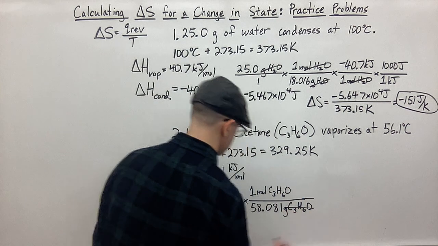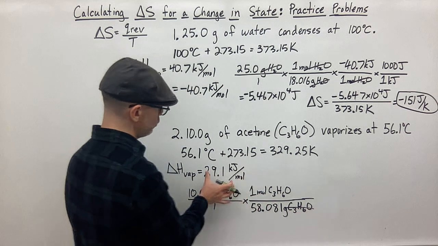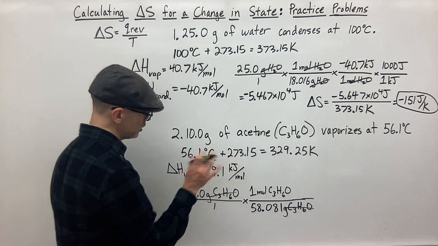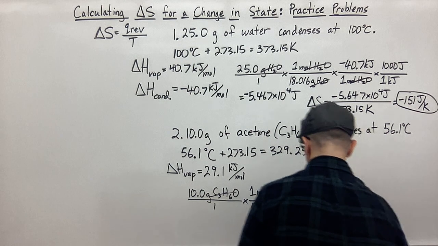So grams of the acetone cancel out. Now I have moles. Now I'm going to use the heat of vaporization to convert to kilojoules.